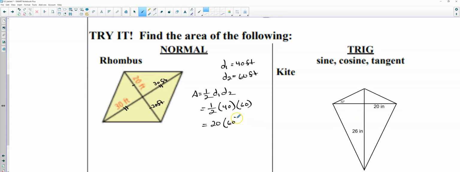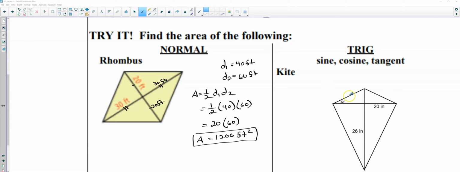So 2 times 6 is 12. And we have here what? 2 zeros, right? 2 zeros. So we have 1200, and it is in feet, so that would be 1200 square feet. Okay, so the area would be 1200 square feet for this right here.